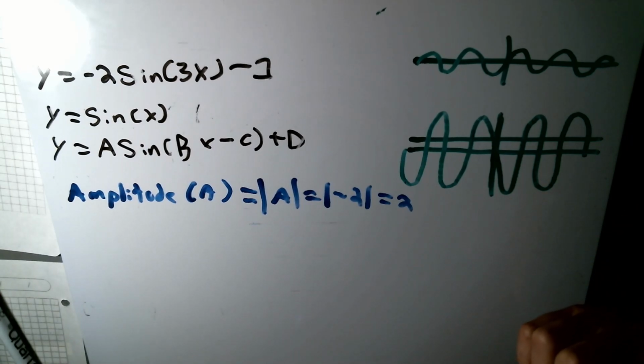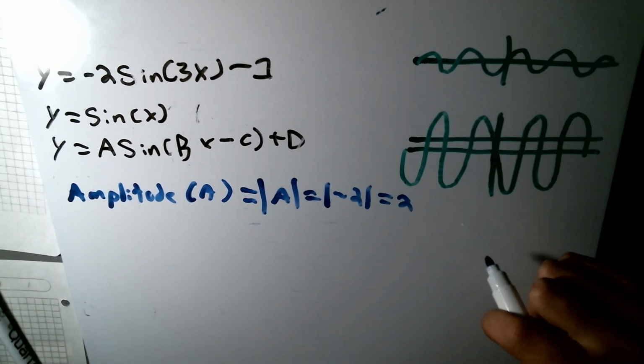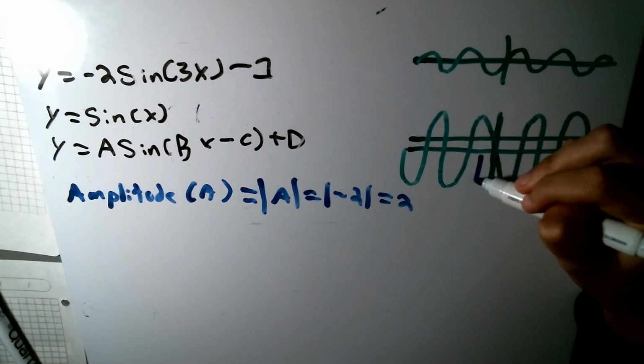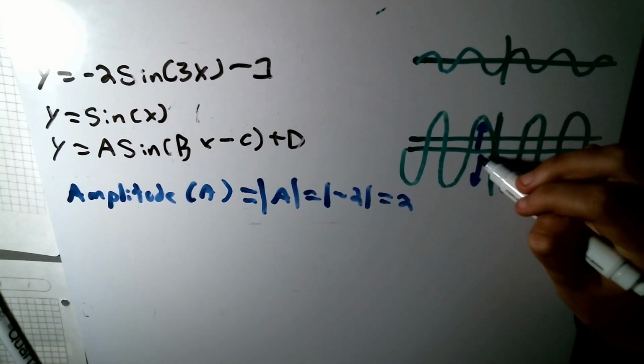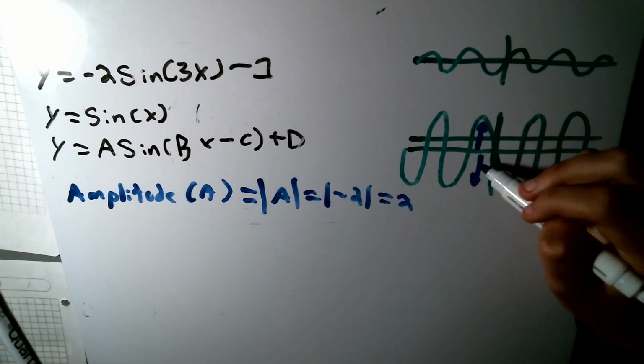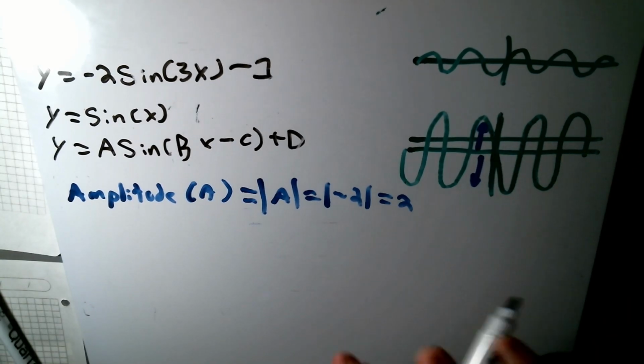I believe that is a way to understand it. Okay, so that's the amplitude. The amplitude will be this and this, from the midline to the maximum and from the midline to the minimum, not together.